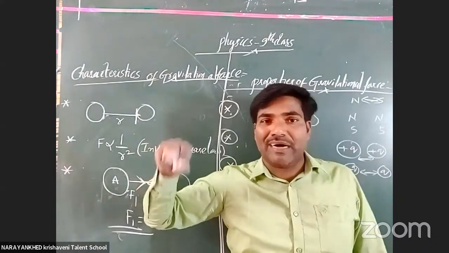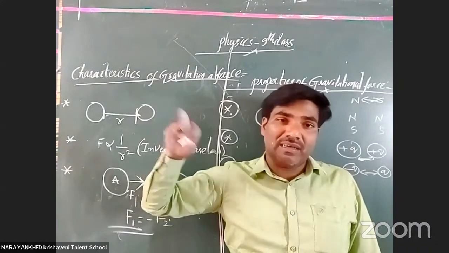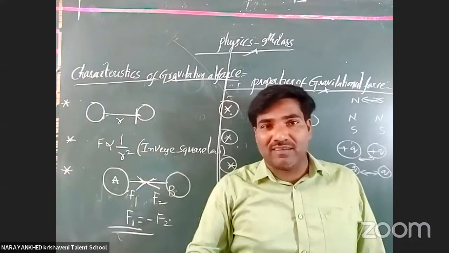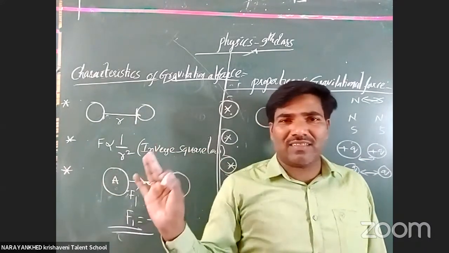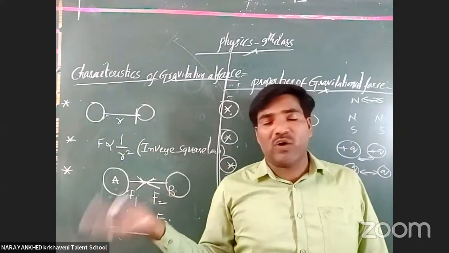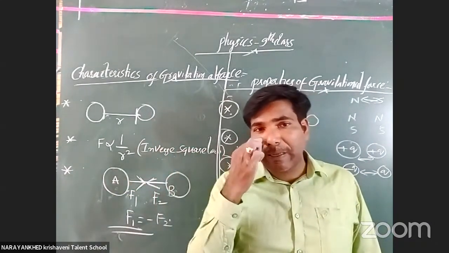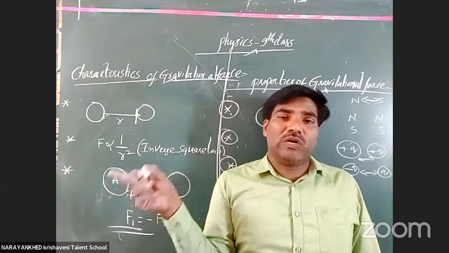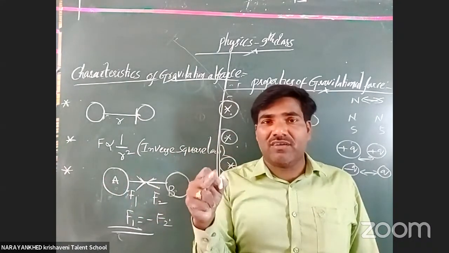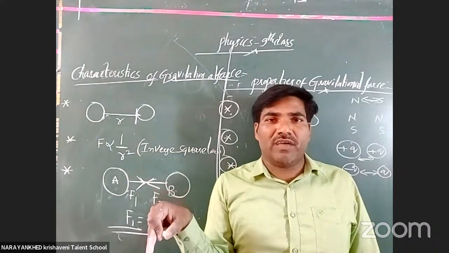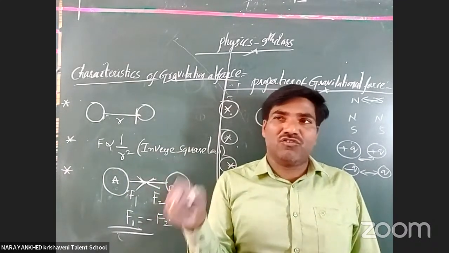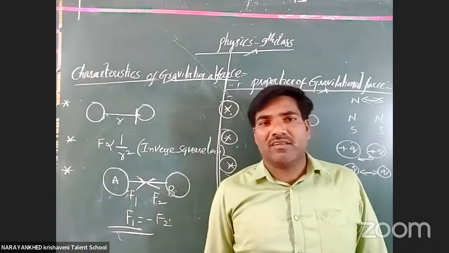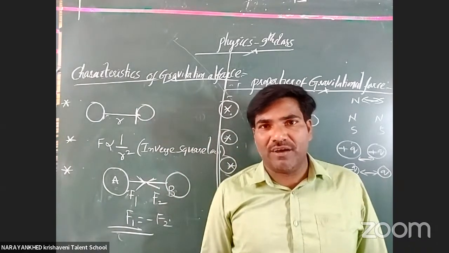In case the masses decrease, or the distances decrease, the Earth would compulsorily fall into the sun. Clear or not? Got it? I hope you got it.